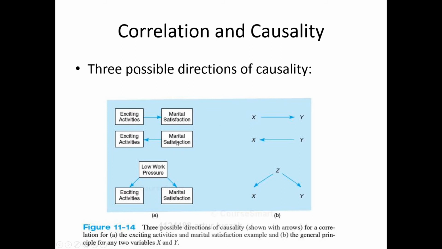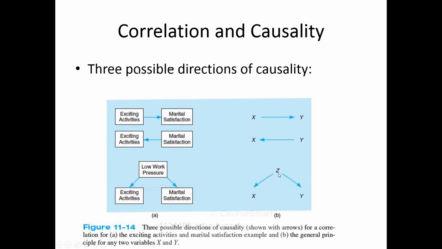So if the exciting activities were improving marital satisfaction, you should see it in one group and not in the other. But if it was some other factor, then it may not affect satisfaction from marriage.